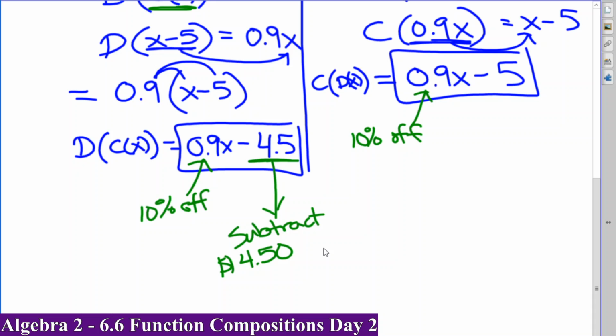But if I apply the discount first, we get to subtract $5 off.